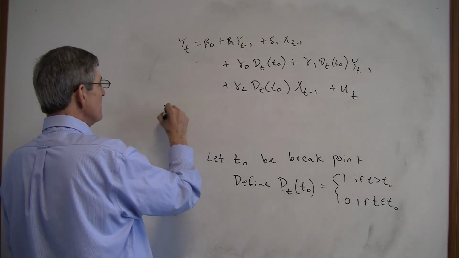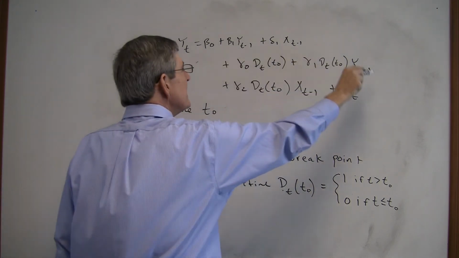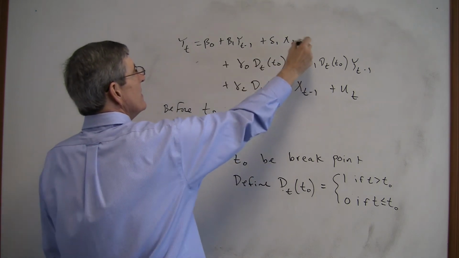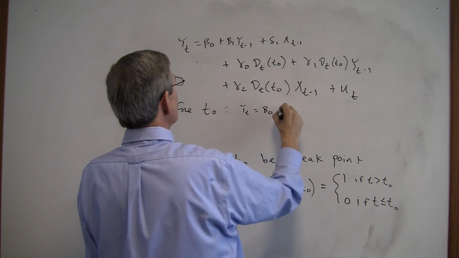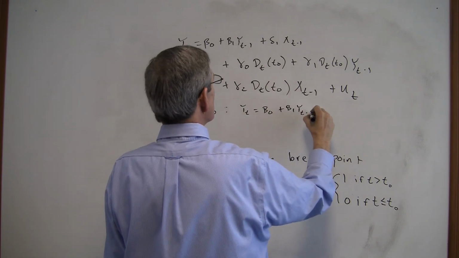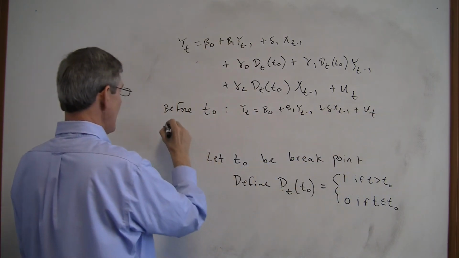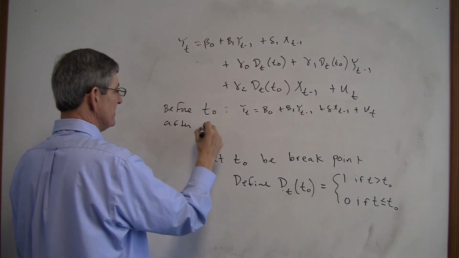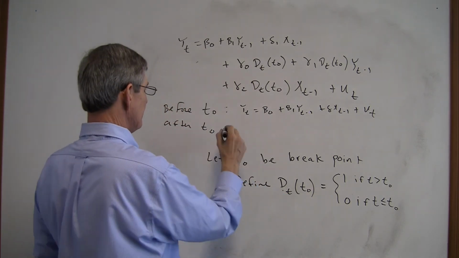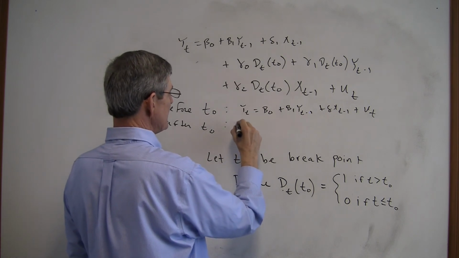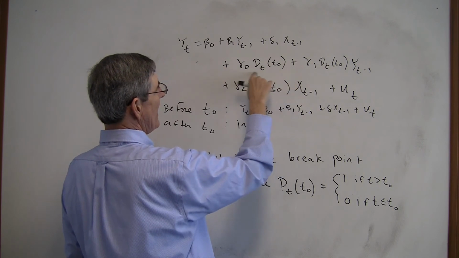So before t0, all of these dummy terms are 0, so the model is just yt equals beta 0 plus beta 1 yt minus 1 plus delta 1 xt minus 1 plus ut. Then after t0, the dummy is 1.